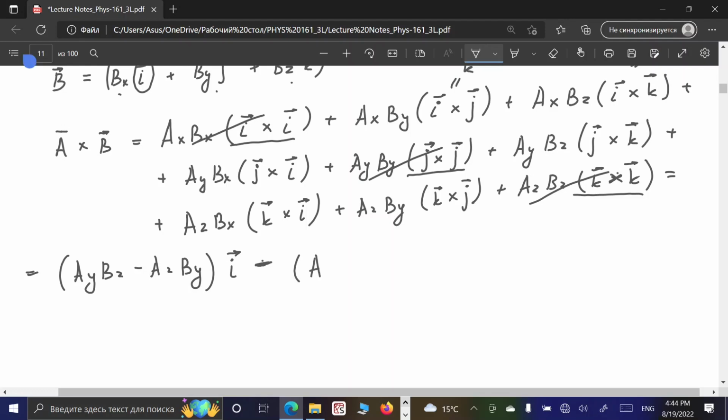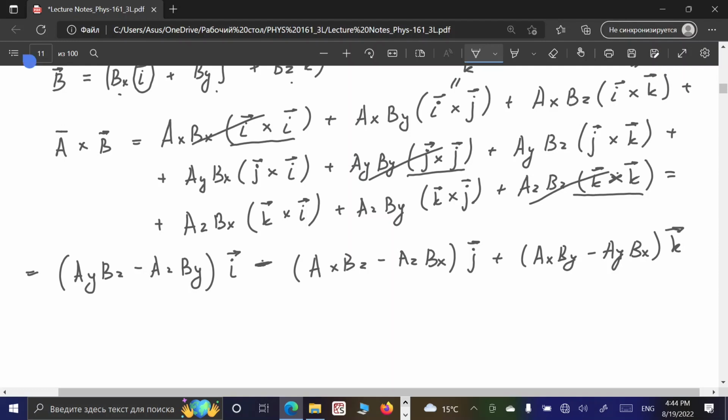It will be ax times bz minus az times bx, times j unit vector, plus ax times by minus ay times bx, and this times k unit vector.